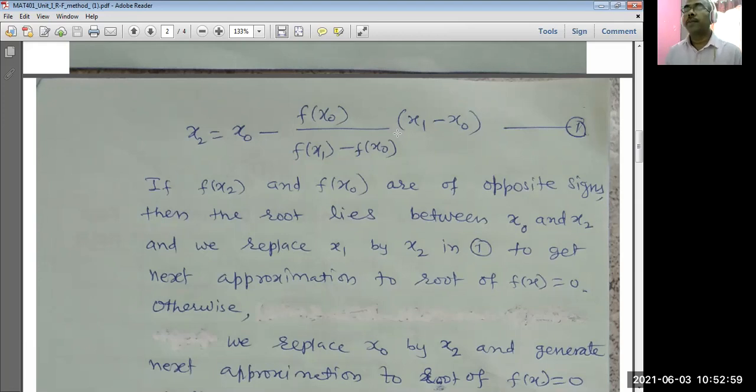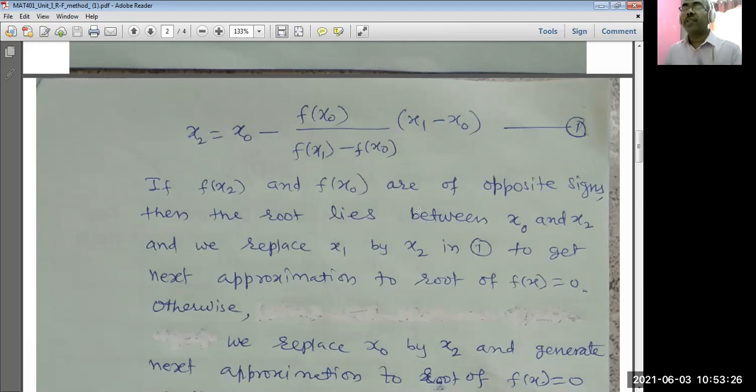Assume that f of x2 and f of x0 are of opposite sign. Then we claim the root lies between points x0 and x2. In this case, we replace point x1 by x2 in equation 1, and that gives the next approximation as x3, right?